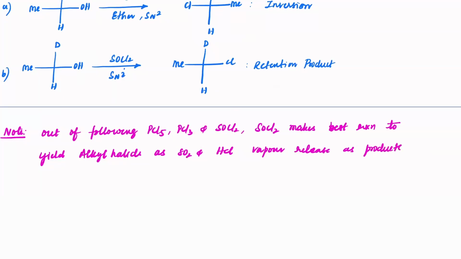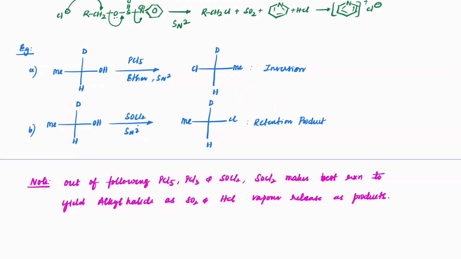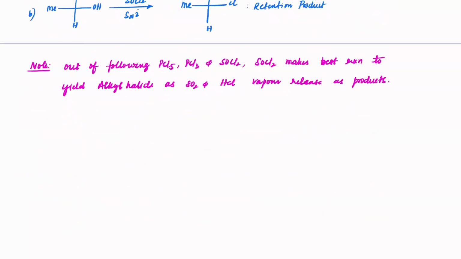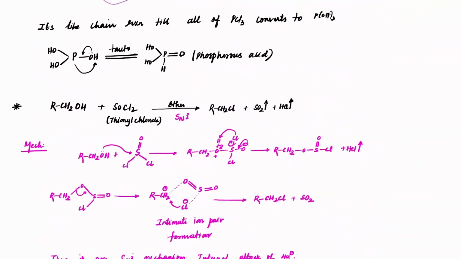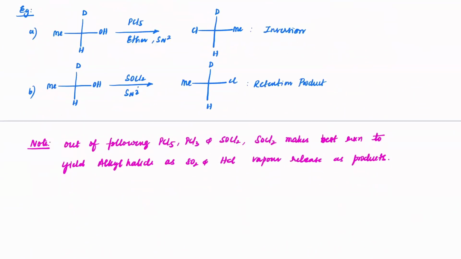So you will not have anything else but a clean alkyl halide formation. That's the reason why SOCl2 is more preferable. Clear? So this is the preparation from alcohols, everybody. From alcohols, this is how you make the alkyl halides.